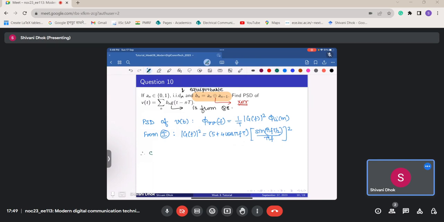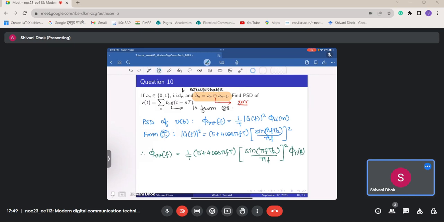Therefore, this phi VV of f is 1 by T multiplied by 5 plus 4 cos pi f capital T multiplied by sine pi f T by 2 upon pi f whole square multiplied by phi I of f.